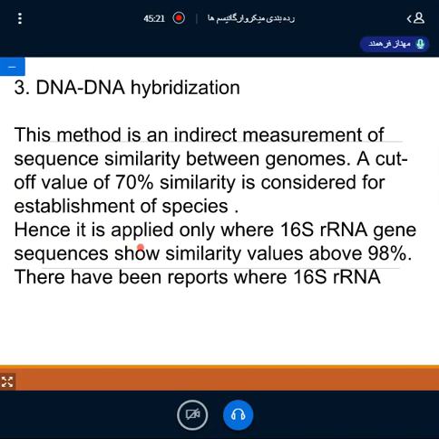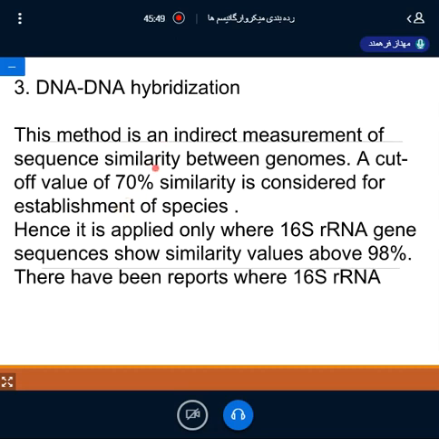So hence it is applied only where the 16S rRNA gene sequence shows similarity value about 98%. And when the similarity of DNA hybridization is more than 70%, that means they are the same species.